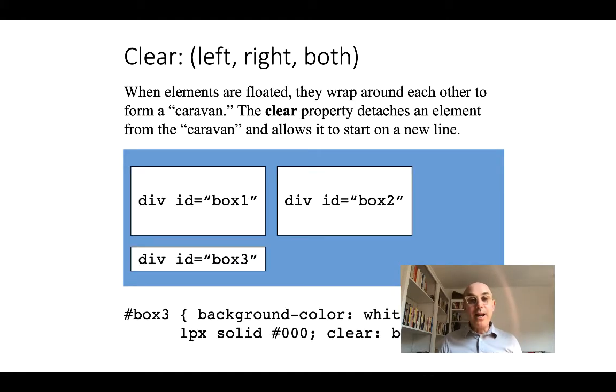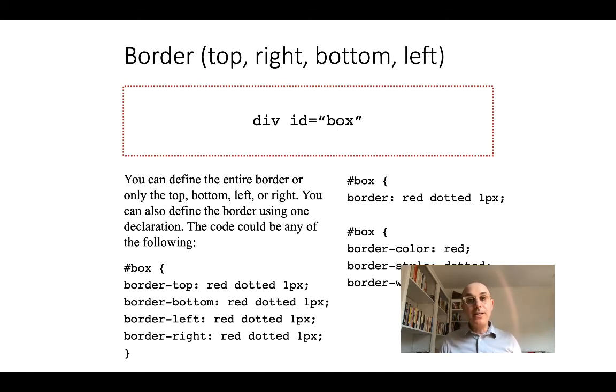We can have a clear, that is the property that detaches the element and allows us to start on a new line, and this is quite cool. And in this case, block 3, background white, border, and it will give us a clear property to detach the 3 boxes inside.